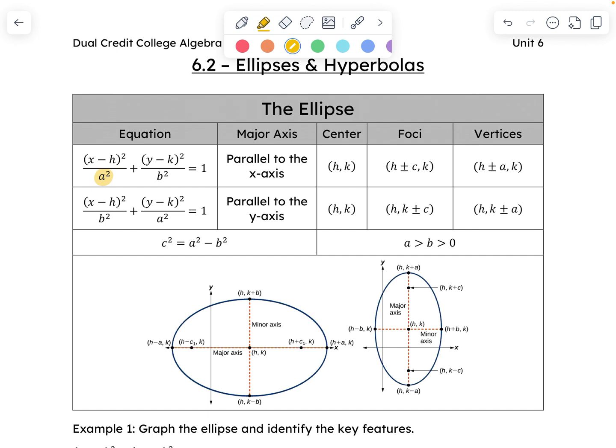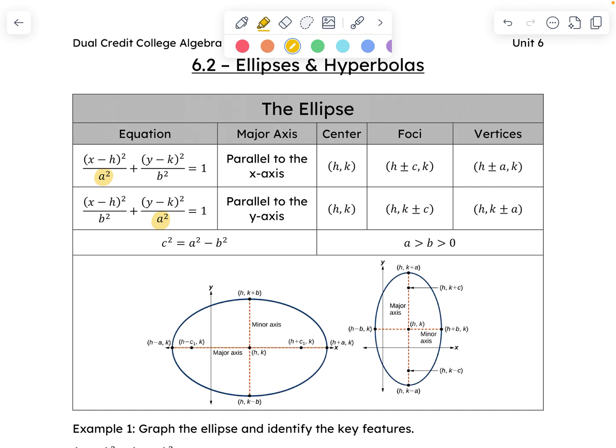If it's parallel to the y-axis, that's this one right here. What that means is the bigger number is under the y. So that's kind of how you can tell which way it's going to go, which letter has the bigger number underneath it. That's kind of the only difference there with the ellipse.